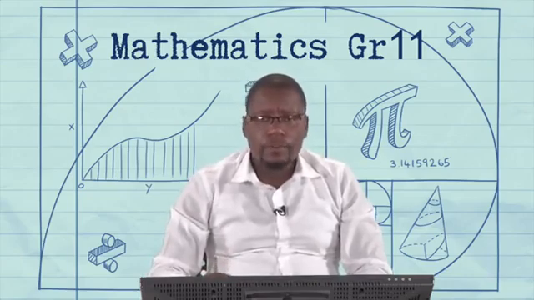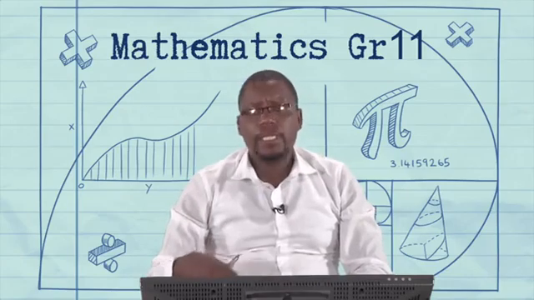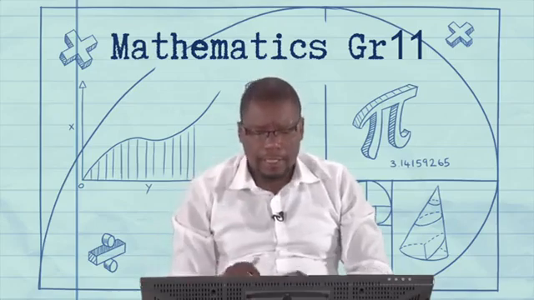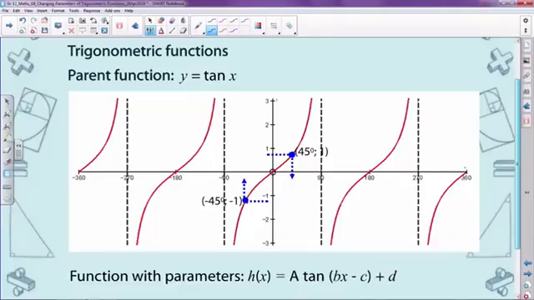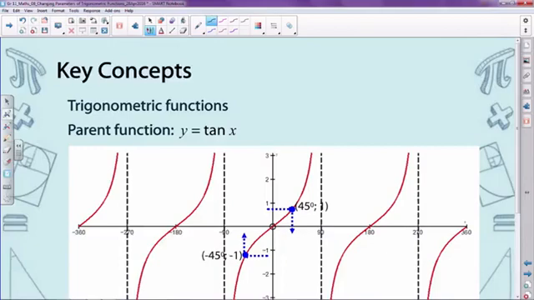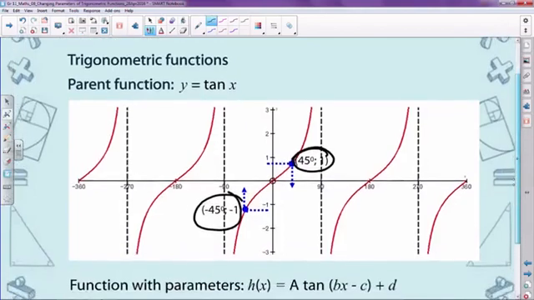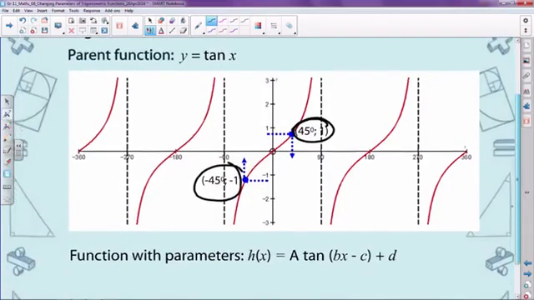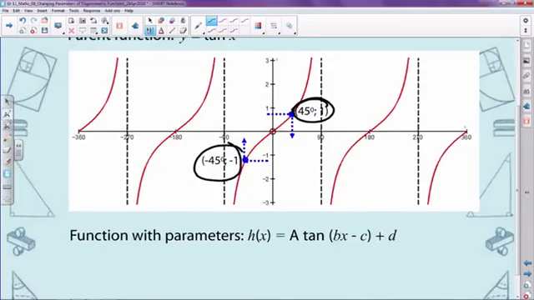And then you are adding a d, you move it up or you move it down. And one thing that's very important here is to specify that point: your negative 45, negative 1, and then 45 and 1 as well, okay?